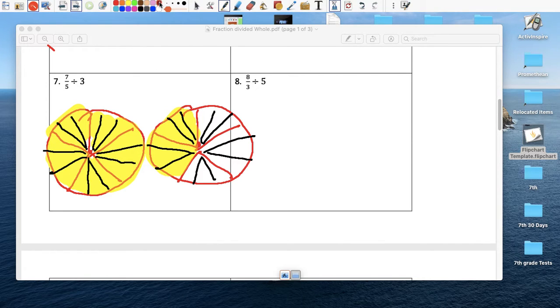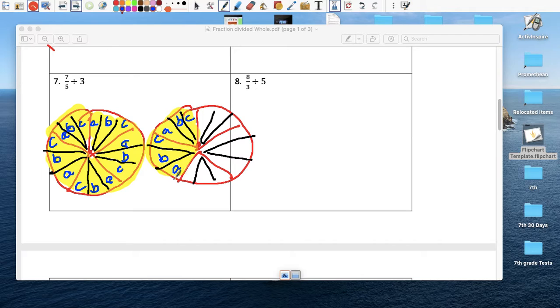So 3 friends, right? I know you have to do this really neat. A, B, C. The other friend, A, B, C. A, B, C. So we have 3 friends.